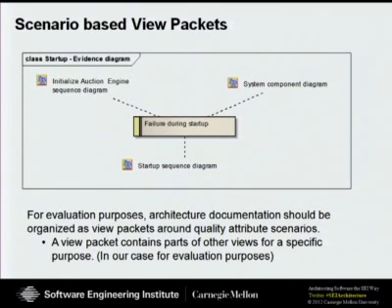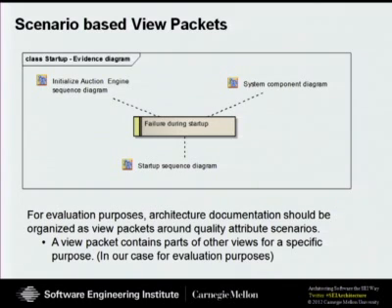So for evaluation purposes, it would be great if the architecture documentation would be organized around those scenarios. Something like you have a scenario like failure during startup. Everything that talks to that and makes the case why that scenario is fulfilled, have it organized together in one place so you can easily go and see and find the information.